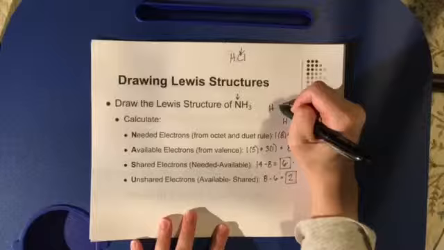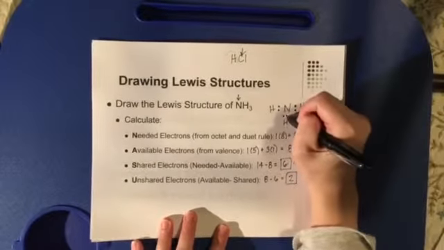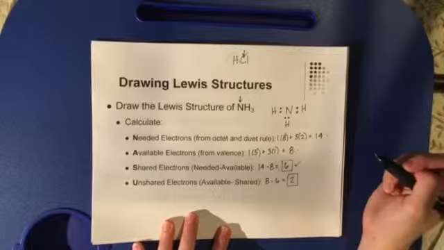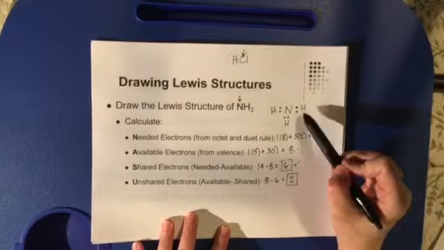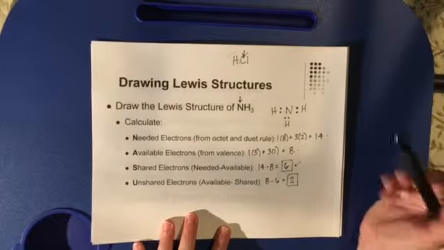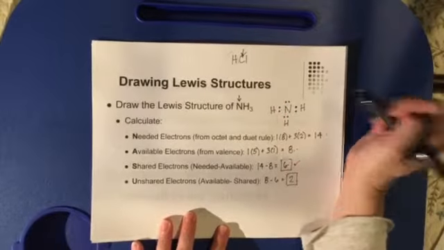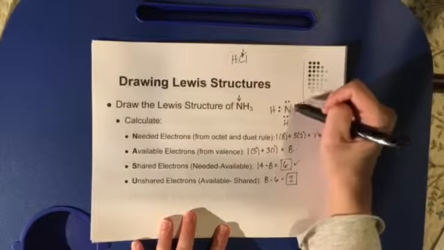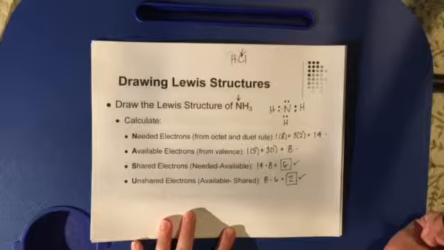This is going to go in between, so we're going to put 2 there, 2 there, and 2 there. That takes care of our 6. There's 2 unshared. Each hydrogen is happy because it has 2 electrons. And so we're going to add the 2 here because nitrogen needs 2 more. So 2, 4, 6, 8. There, we have taken care of everything.